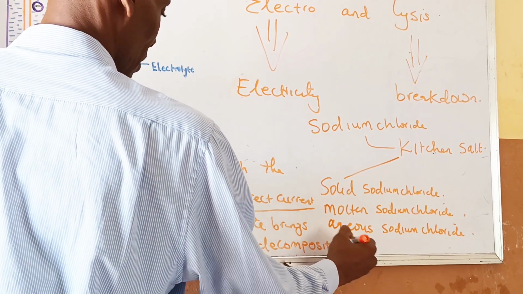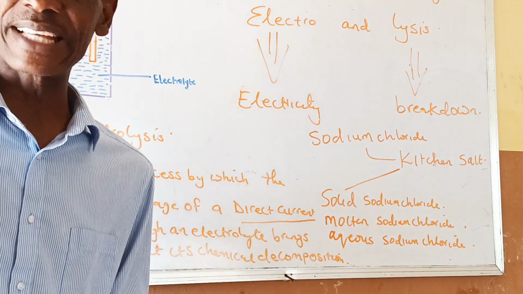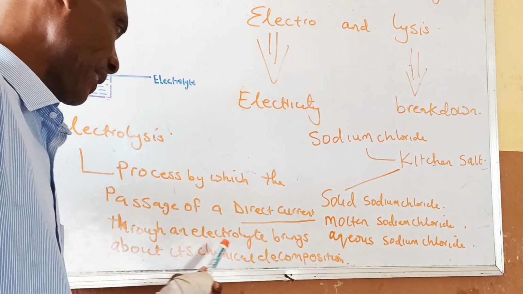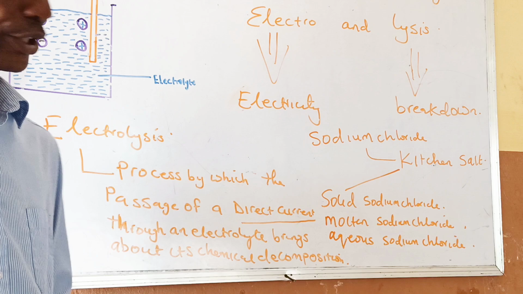Okay, let's go again. The process by which the passage of a direct current through an electrolyte brings about its chemical decomposition.